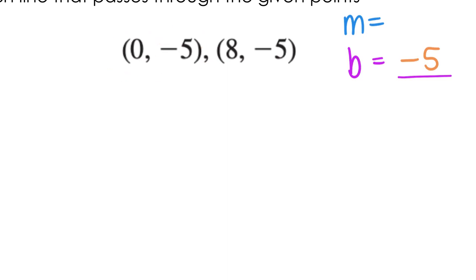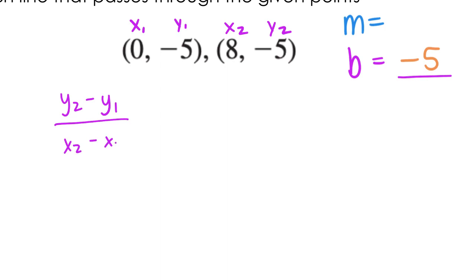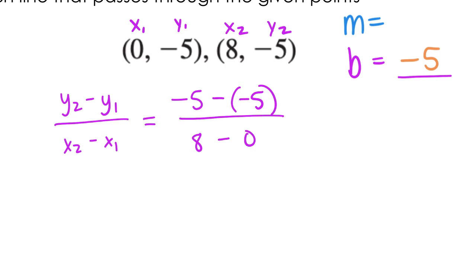All right, now we need to find the slope. So let's go ahead and use slope formula. This is x1, y1, x2, y2. So we're going to do y2 minus y1 over x2 minus x1. All right, that would be -5 minus -5 over 8 minus 0.